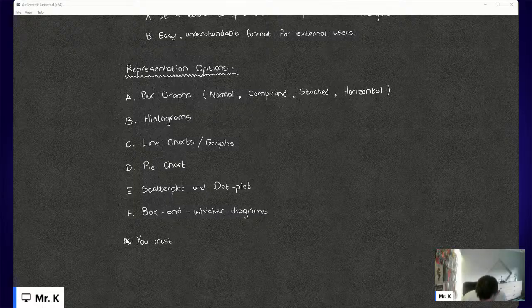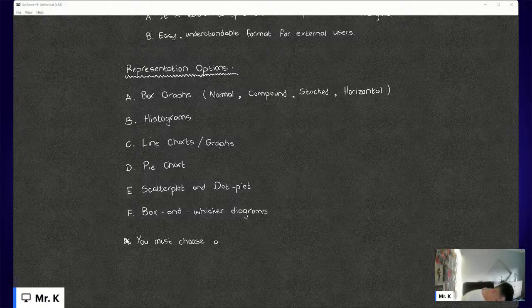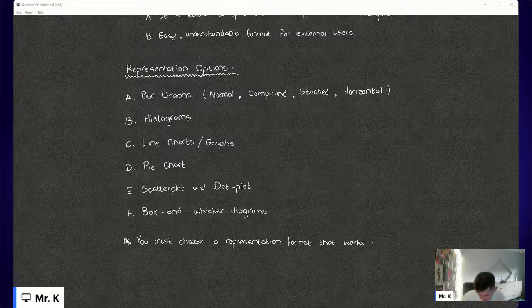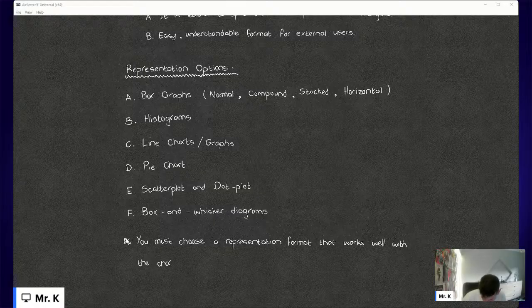You must choose a representation format that works well with the characteristics and style of your data.